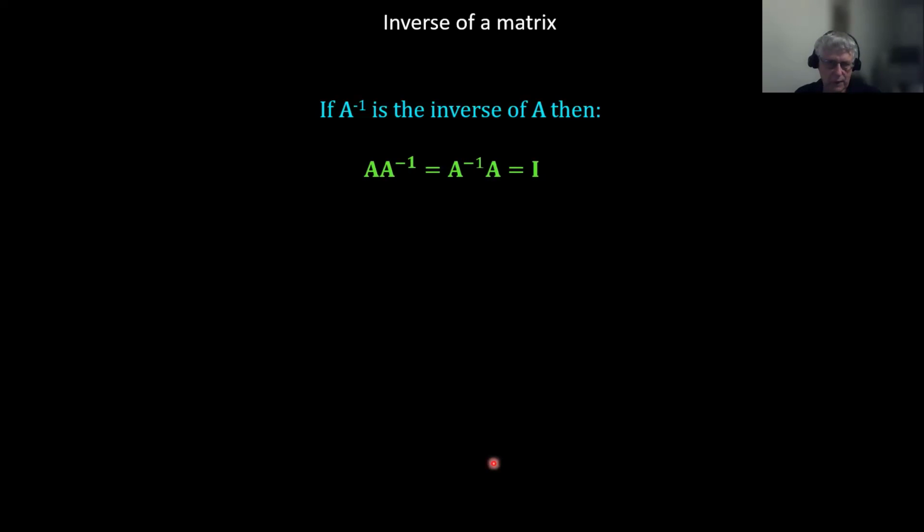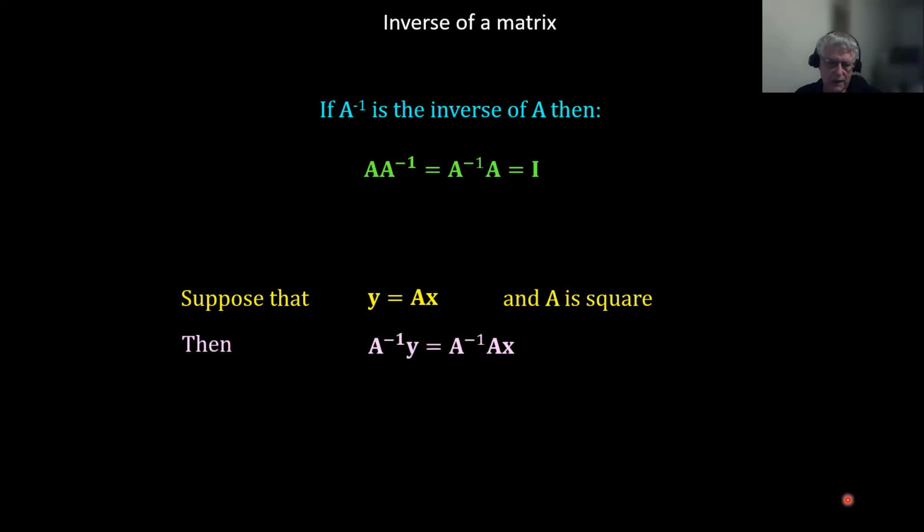Now this has some big repercussions, some very useful repercussions. Suppose that the vector y equals A times the vector x and that the matrix A is square. Let's pre-multiply both sides of that yellow equation by the inverse of A to obtain this pink equation.